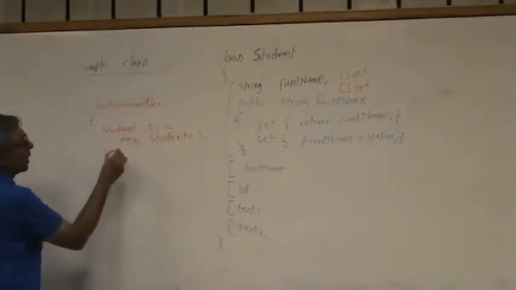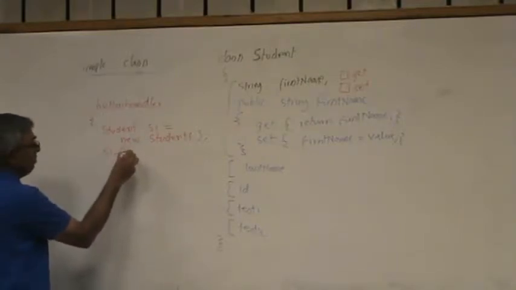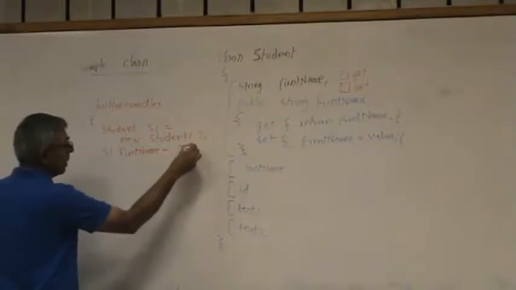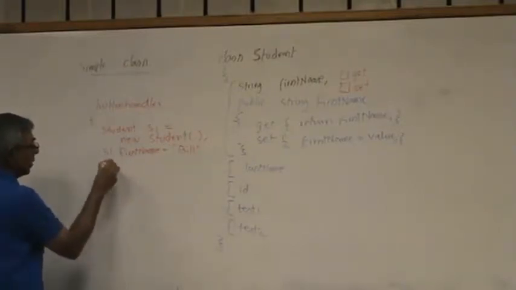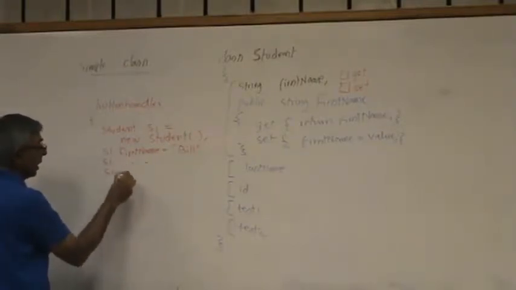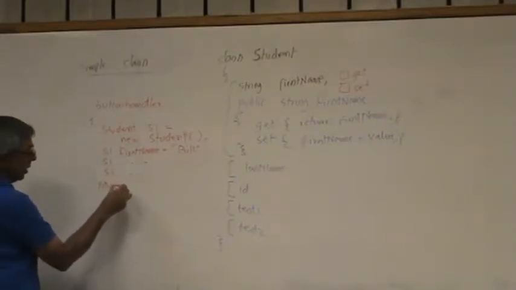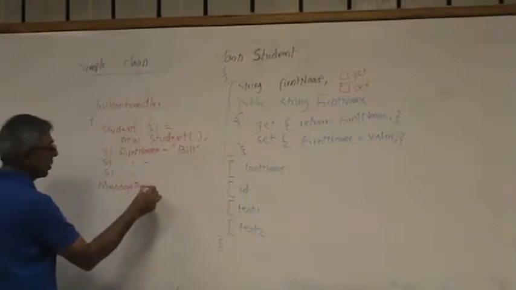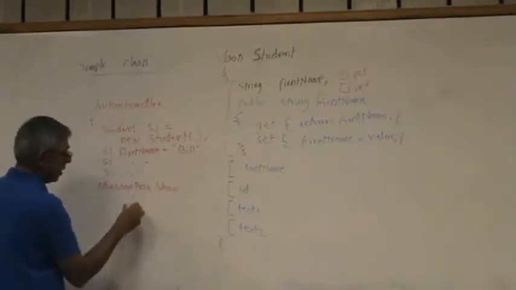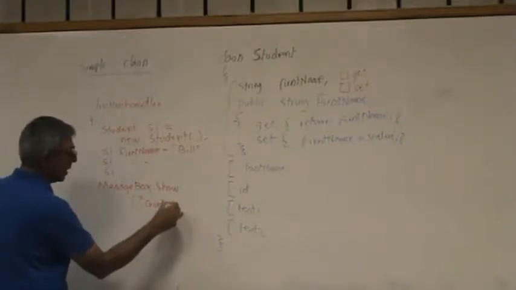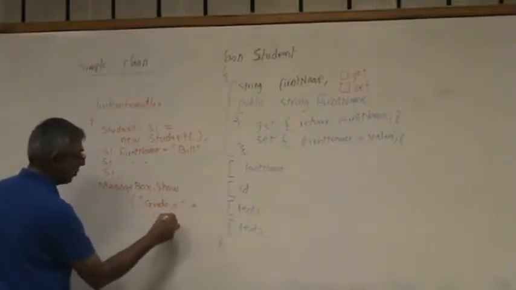Then we did S1.FirstName equal to whatever, S1 dot something, S1 dot, right? And then we called something like this. MessageBox.Show, and something grade equal to something plus S1.